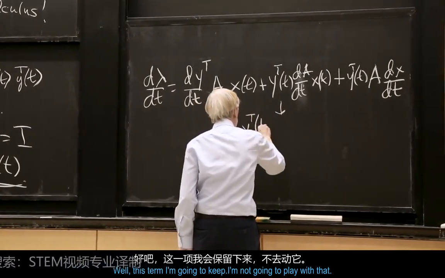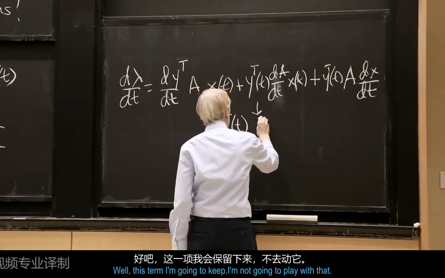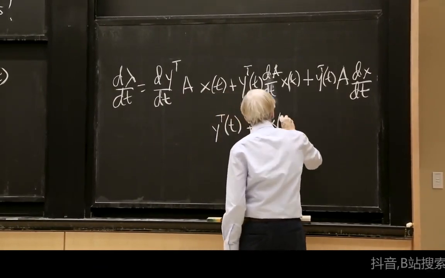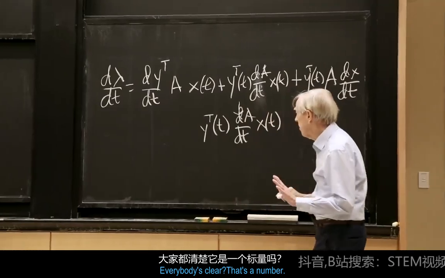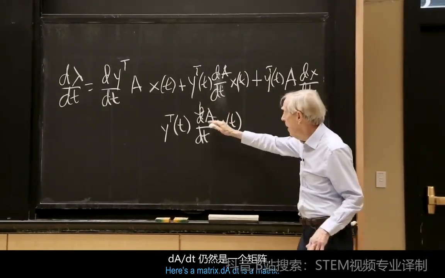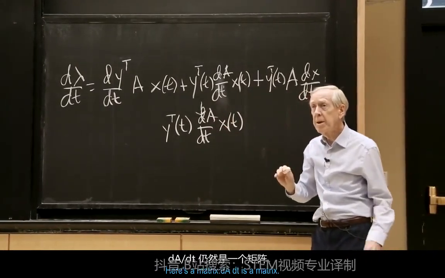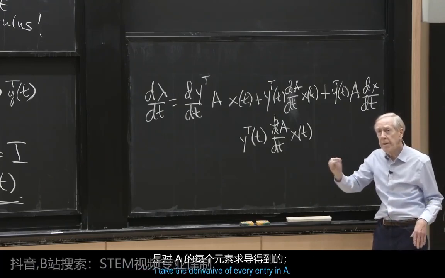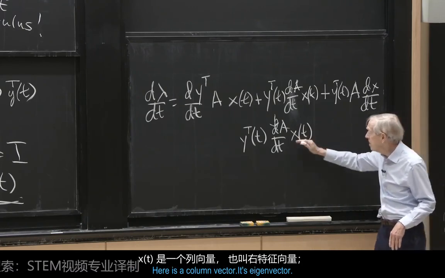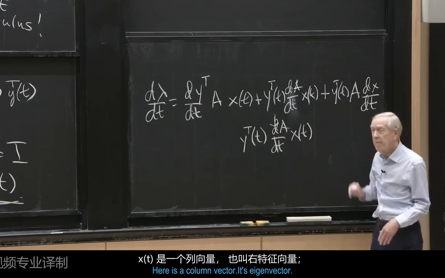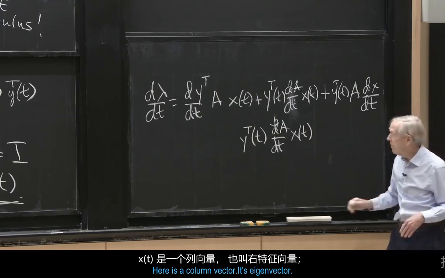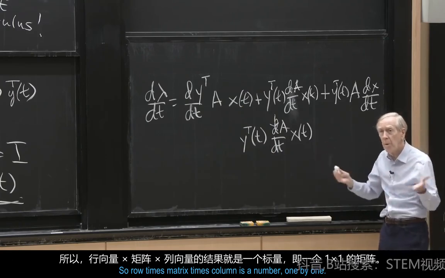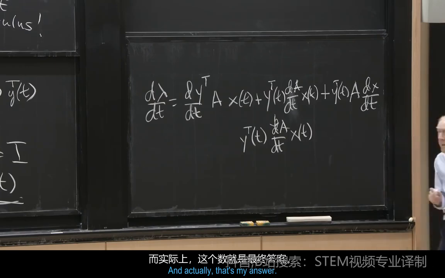I'm not going to play with that. Everybody's clear, that's a number. Here's a matrix, dA dt is a matrix. I take the derivative of every entry in A. Here's a column vector, its eigenvector, and here's a row vector. So row times matrix times column is a number, 1 by 1.